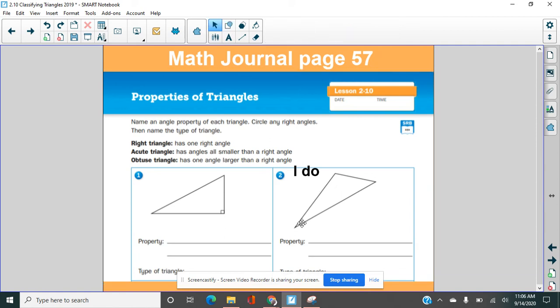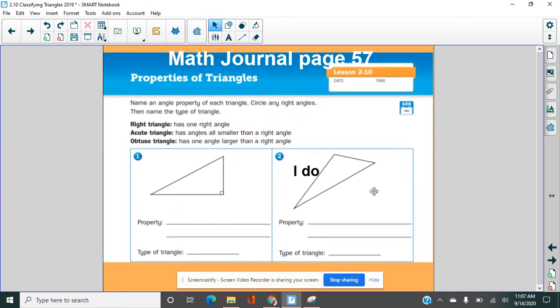All right, so this angle is acute. This angle is acute too, because they're open just a little bit more. This angle, if I can actually turn my computer sideways, I can see I have a pool chair right here. See this pool chair? It looks relaxing. So that is an obtuse angle. So I have an obtuse triangle. Let's put that on here.